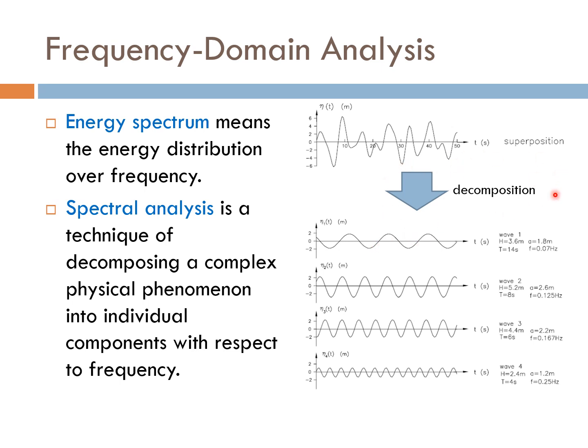So a mathematical decomposition will allow us to break down the original wave data into its components. And what we're going to do next is analyze the total energy in each of the frequencies. So this method is called spectral analysis. It's basically a technique of decomposing a complex physical phenomenon into individual components with respect to their frequency.